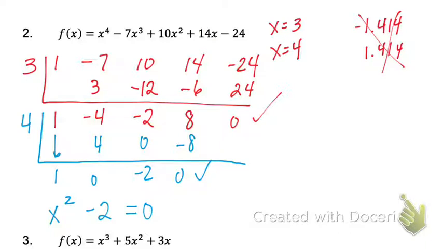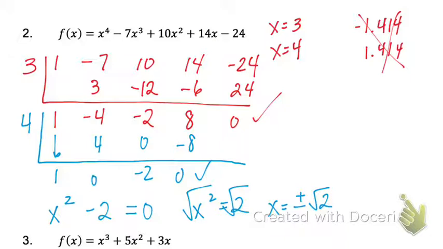Then I want to solve. I'm just going to move the 2 over, so x squared equals 2, take the square root. So x equals plus or minus square root of 2.